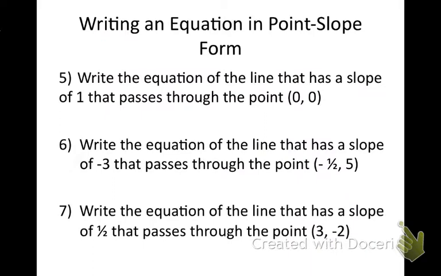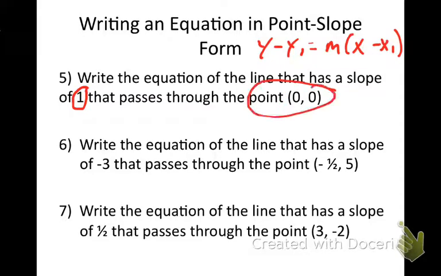Now we're going to talk about writing an equation in point-slope form. If you recall, point-slope form is y minus y1 equals m parentheses x minus x1. Now, I want to write an equation that has a slope of 1 and a point of 0, 0.